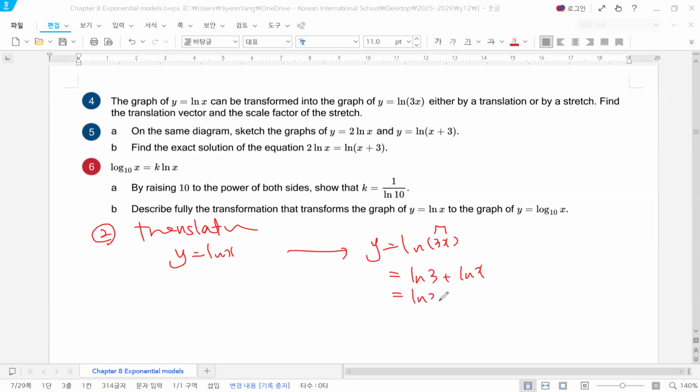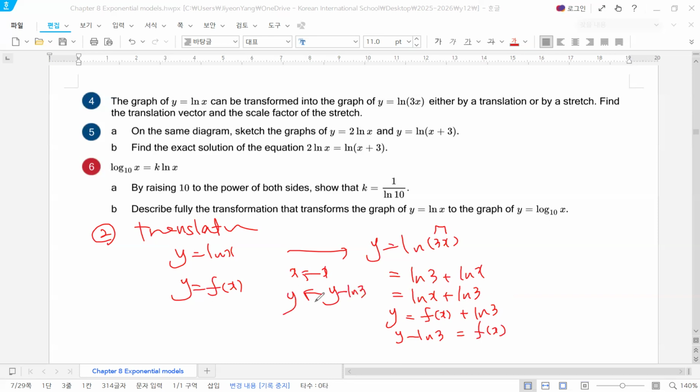So ln x + ln 3. If I write this as y = f(x), you can express it as y = f(x) + ln 3, or y - ln 3 = f(x). So x is just x, and you substitute y - ln 3 for y. Do you understand? So it's a translation by the vector (0, ln 3). Okay, ln 3. Do you understand?